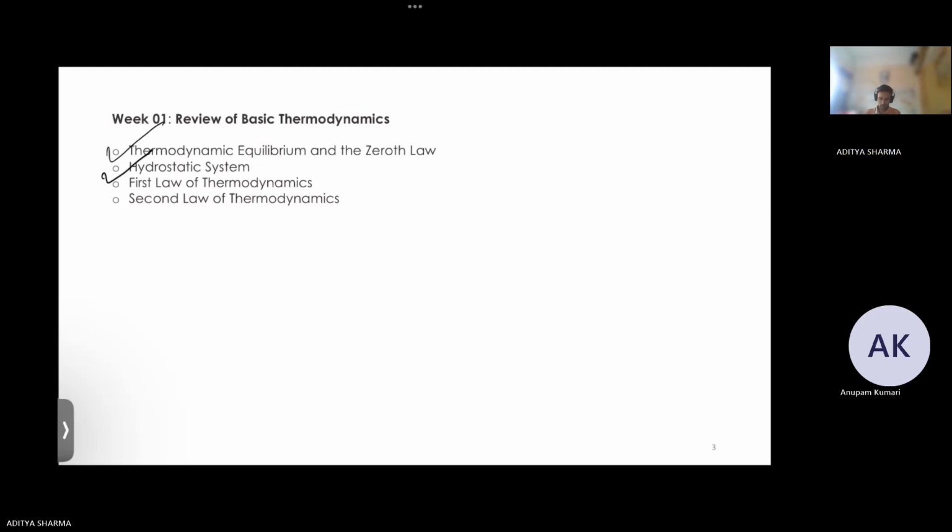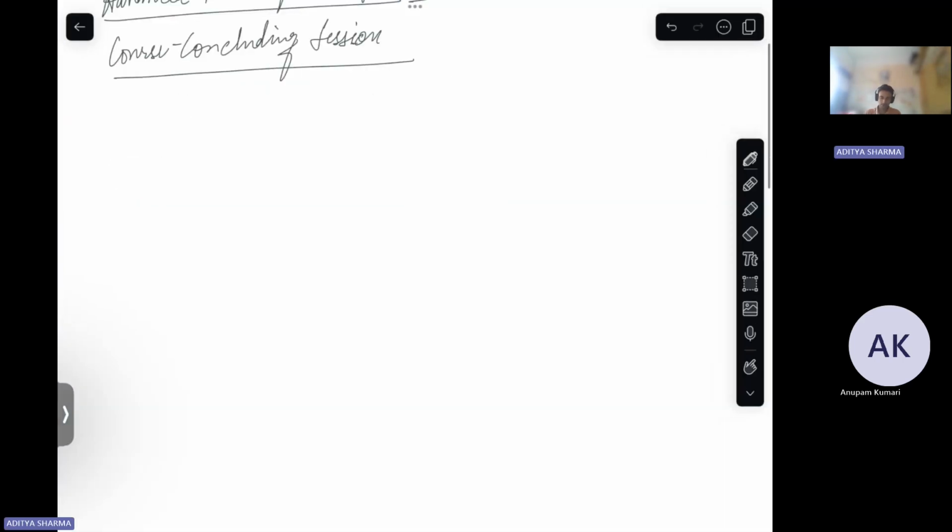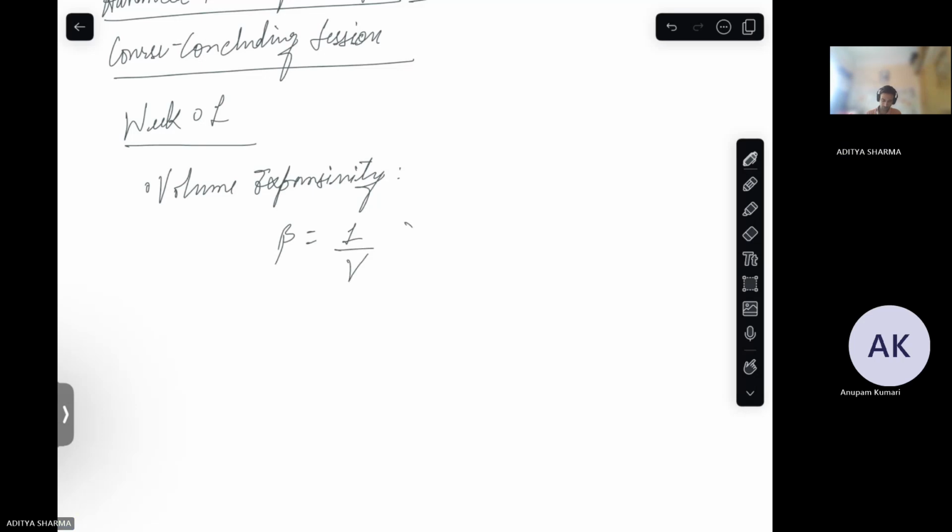Here I'll jot down some formulas that are there in these discussions. First is the volume expansivity, which is written as 1 by V at constant pressure.